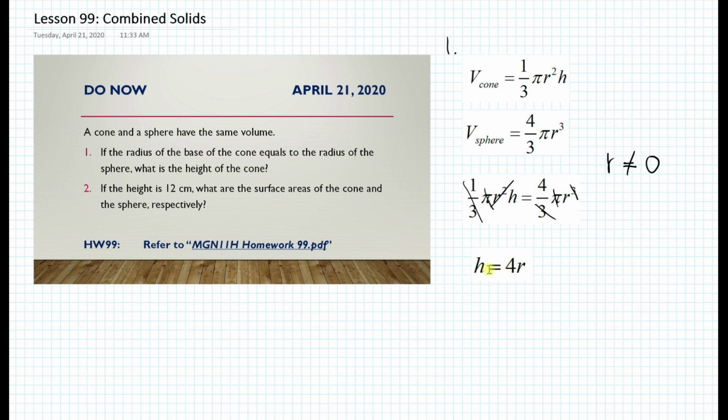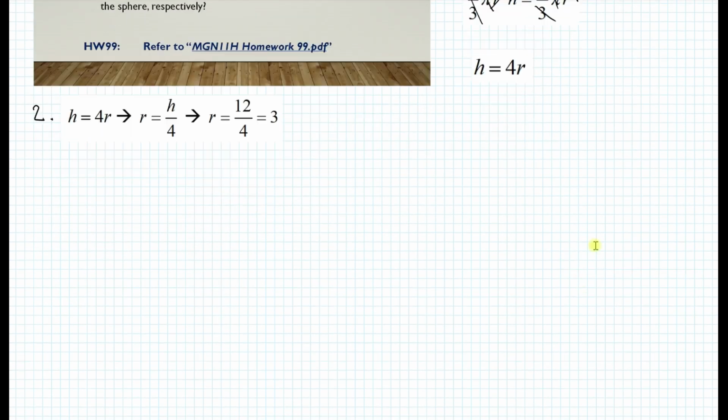So what we can do is use h equal to 4r from the previous problem to solve for the radius first. Once we have the radius, then we can find the surface area of the cone and the sphere respectively. Okay, so if we substitute 12 for h and solve for r, we'll obtain a radius of 3, or 3 centimeters, I shall say.